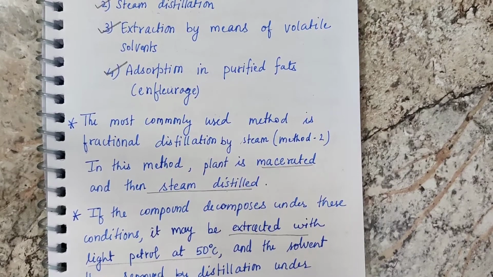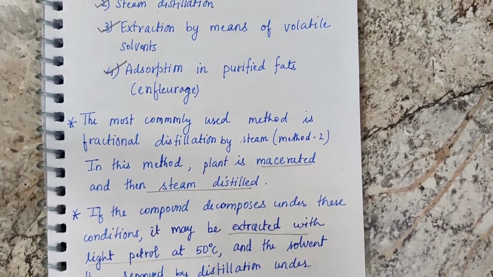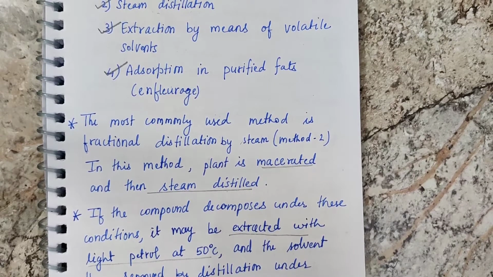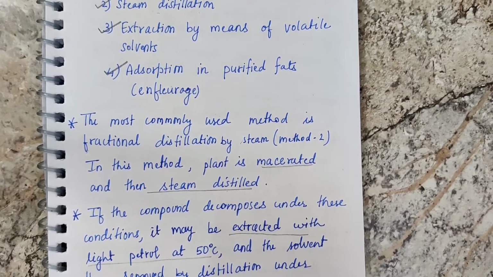Now you have to separate that compound from the petrol. You do not want to evaporate all the petrol, so you want it back in some way. What you can do is distill it at a reduced pressure. You are not providing the temperature at which the petrol would normally vaporize.